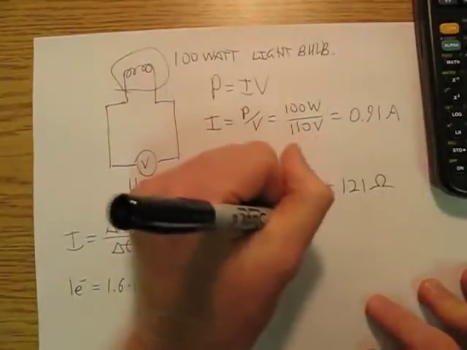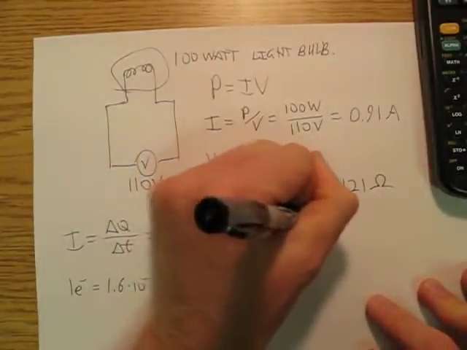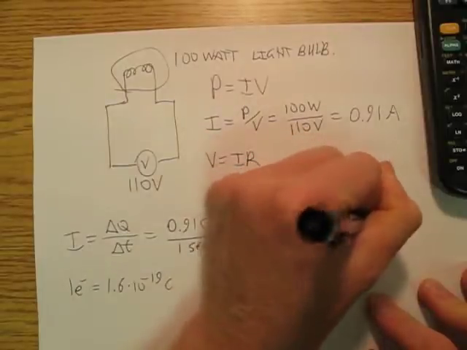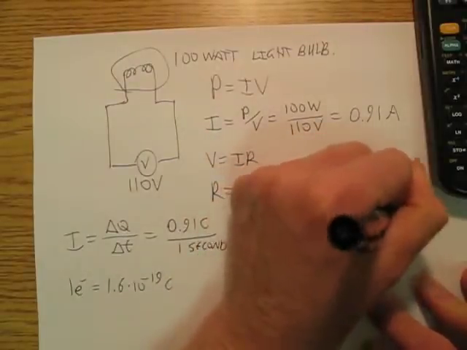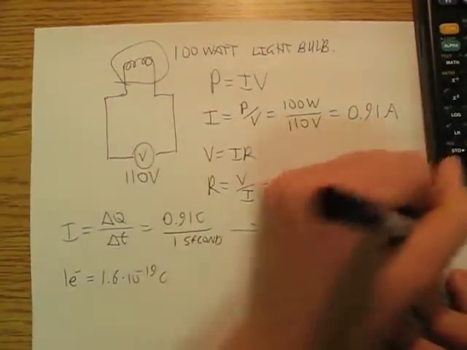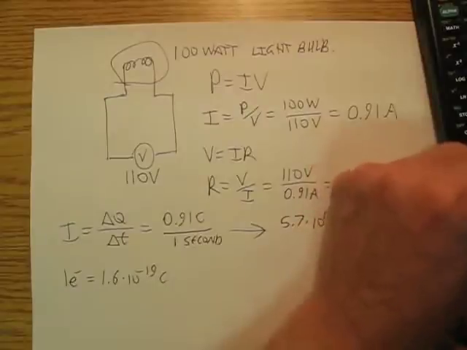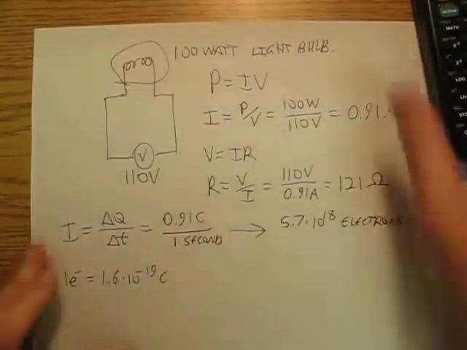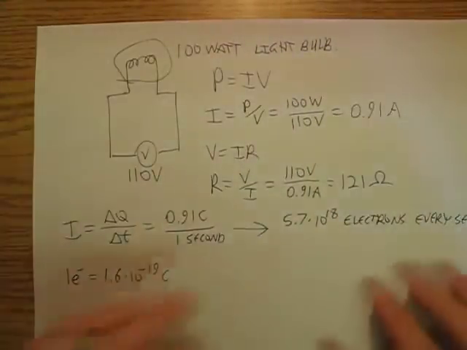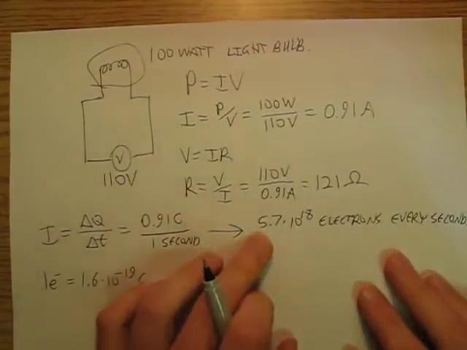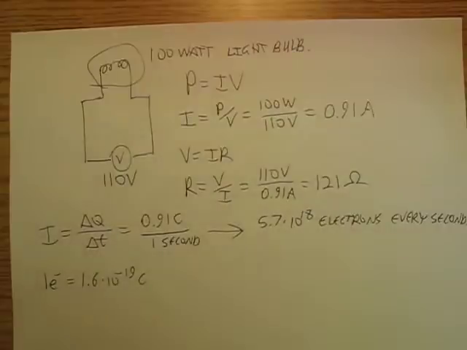That's drawing 5.7 times 10 to the 18th electrons every second.